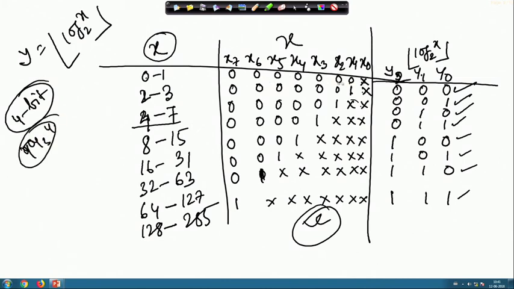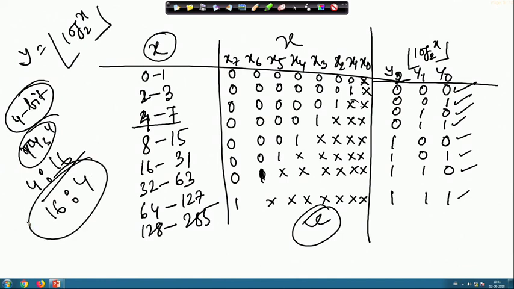For each of these bit positions, the corresponding output bit varies, so that we encode. For a decoder circuit, it was 4 to 16. In an encoder, it will encode from 16 to 4.